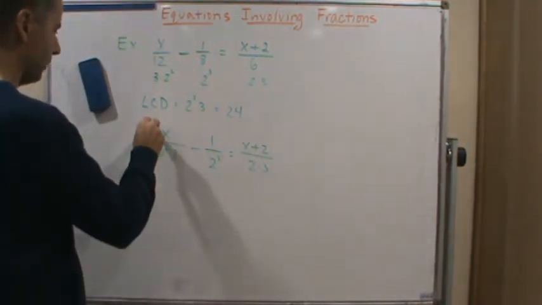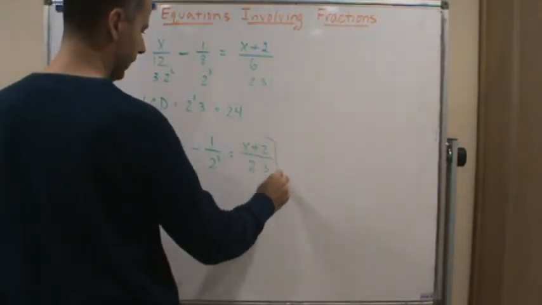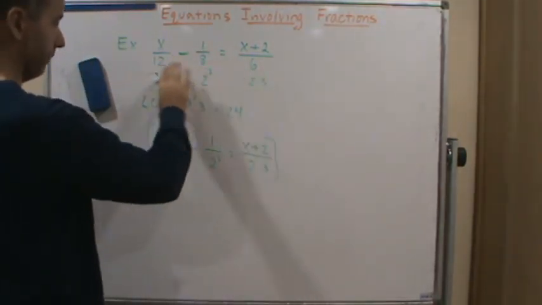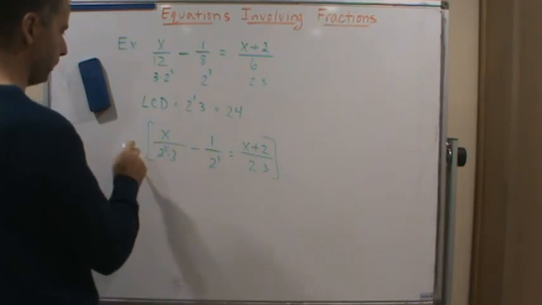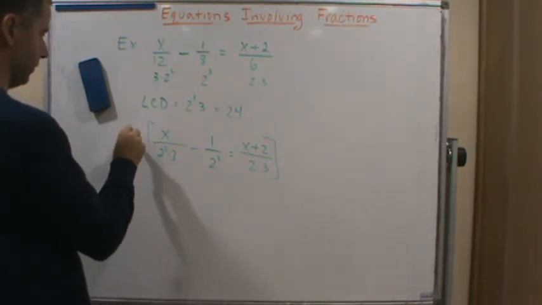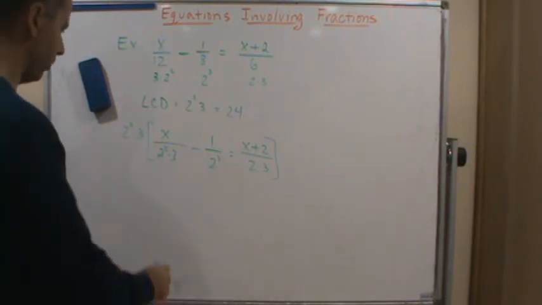So now all I'm going to do is take my equation and multiply through by the LCD. So now what happens?